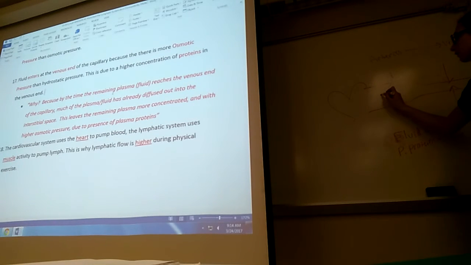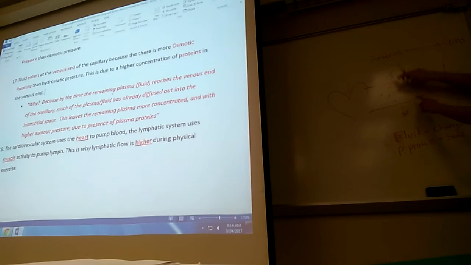So if you're over here and you have 3 plasma proteins, there's more hydrostatic pressure from the heart and the water's being pushed out. But when you're in the venous end, it's more concentrated. And if it's more concentrated, where's water going to move? It's going to move into the vein because the concentration is what pulls fluid out of your tissues into the blood.